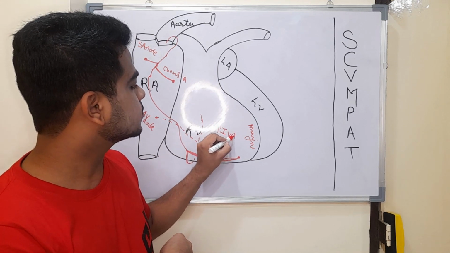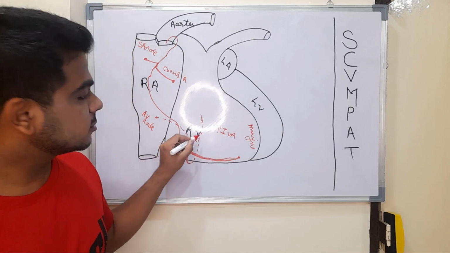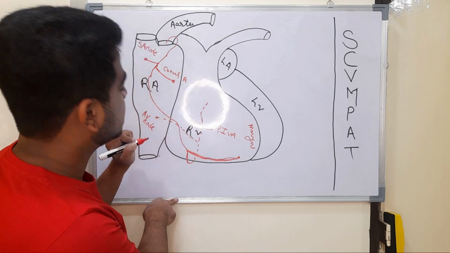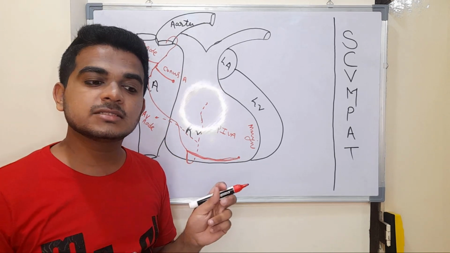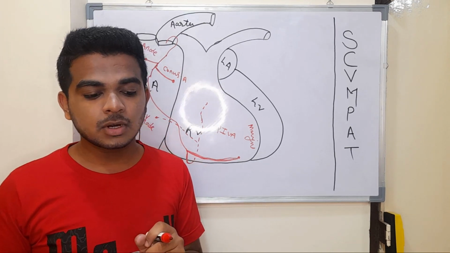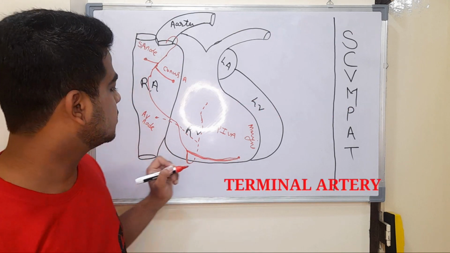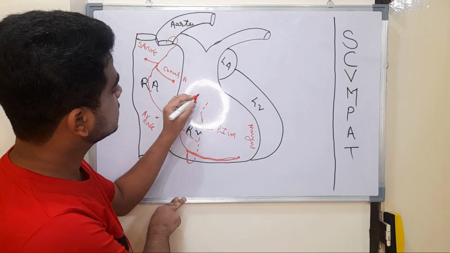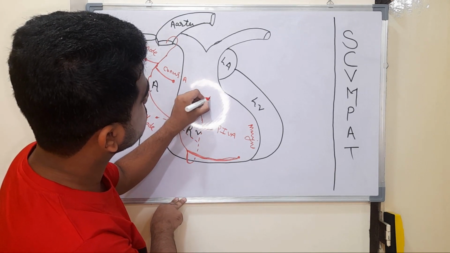Then it continues posteriorly, but one more branch is given posteriorly, that is called a terminal branch.